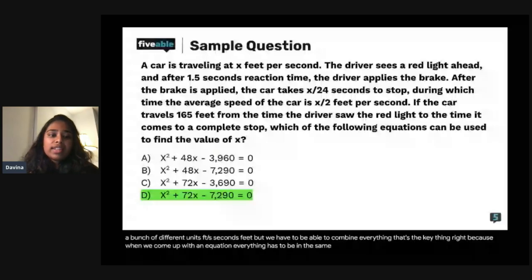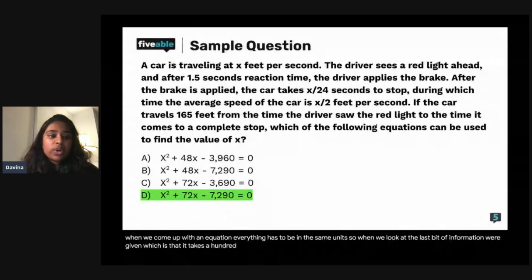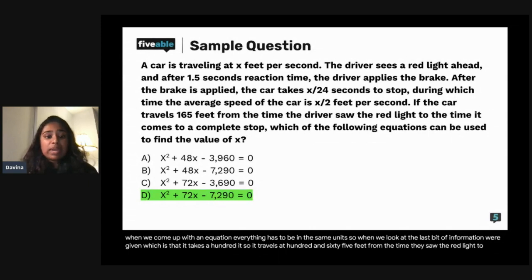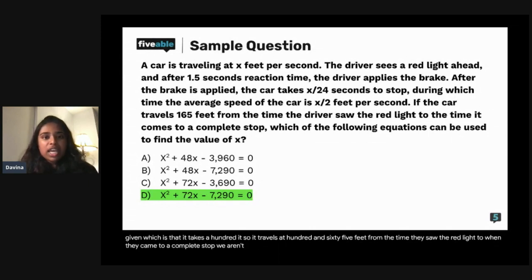So when we look at the last bit of information we're given, which is that it travels 165 feet from the time they saw the red light to when they came to a complete stop, we aren't given a time interval there. So those are the only units that we have in feet. That limits what we can actually use in our equation.